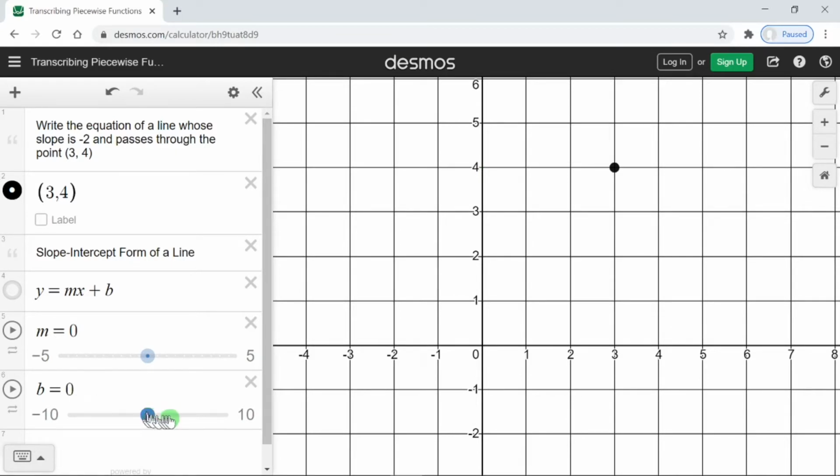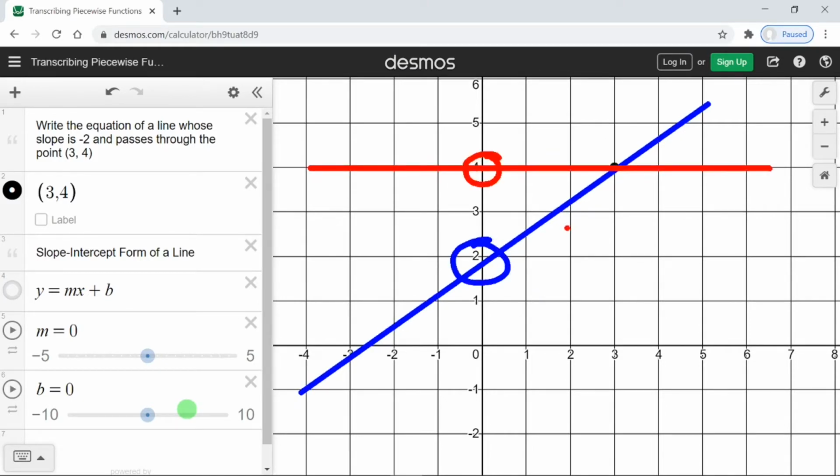We don't know where the y-intercept is, okay? So here's what I mean. If you draw a line through this point, depending on the slope, that could be your y-intercept, that could be your y-intercept, that could be your y-intercept, right? So your y-intercept could be anything. It doesn't matter that this point is 3, 4. It depends on which way your line is going.